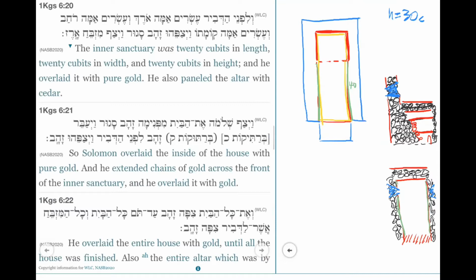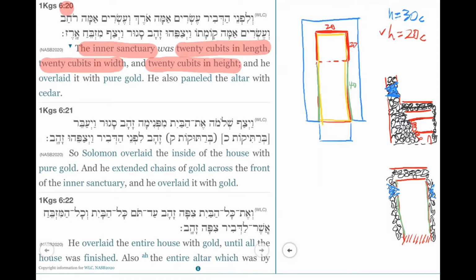Verse 20. The inner sanctuary was 20 cubits in length, 20 cubits in width, 20 cubits in height. Now we have a height equal to 20, which means that the height of the inner sanctuary is actually lower than the rest of the building. So this is 20, 20, and 20.